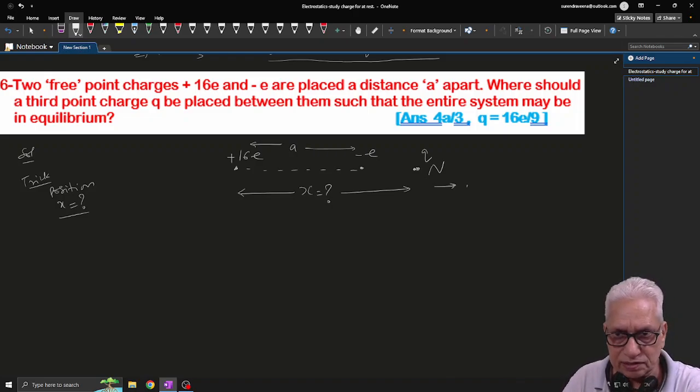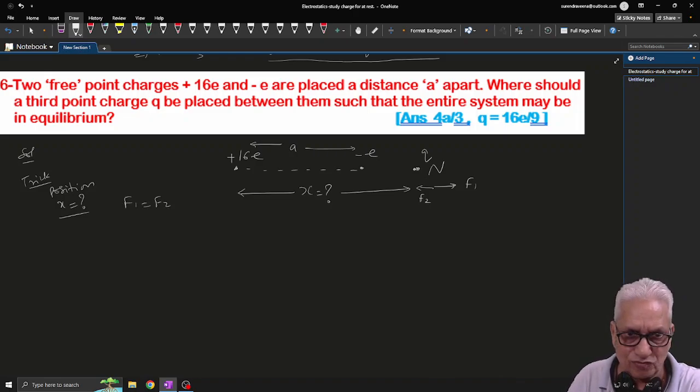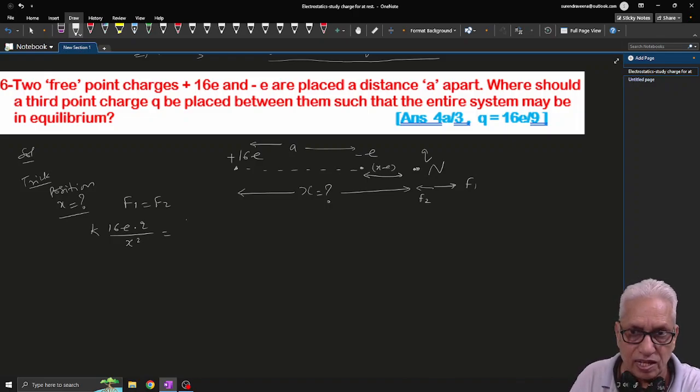Positive repulsion, say F1, and this is negative, so attraction. If these two forces are equal, it will give you x, the position. Say k 16e q upon x square, and here this one is x, a, so this distance is x minus a. Attraction force k e q upon x minus a whole square.